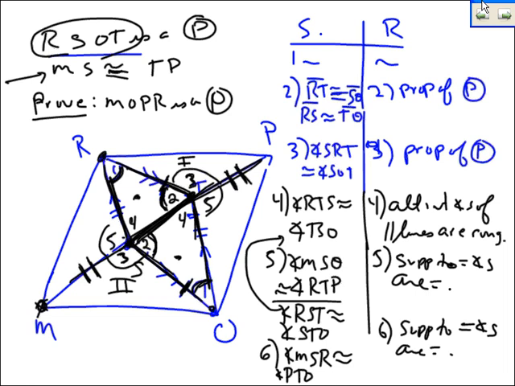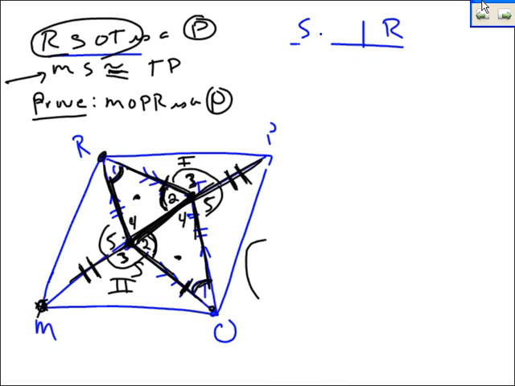So I can now say that those two triangles are in fact congruent.